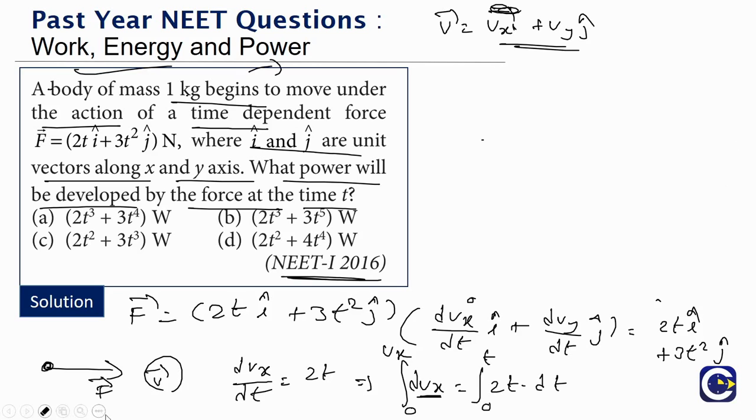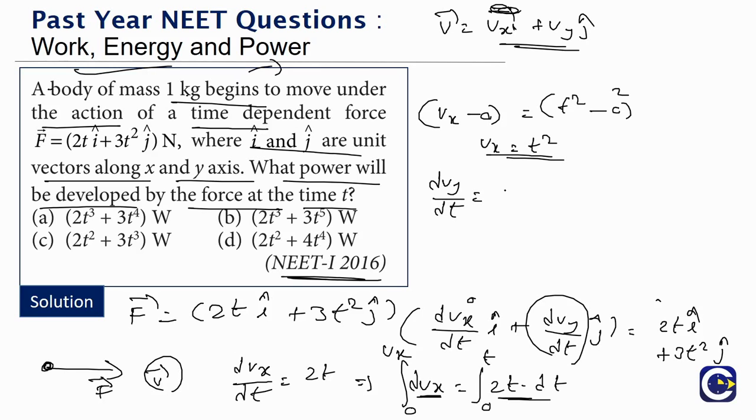So left hand side, what do we have? Integral dvx, it is like integral dx, that is what? Vx only, final limit Vx minus initial limit 0. Right hand side, integral 2t dt, that is t square, means t square minus 0 square. So Vx will be equal to t square.